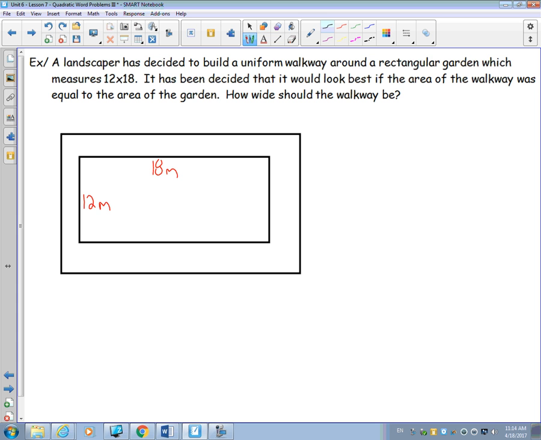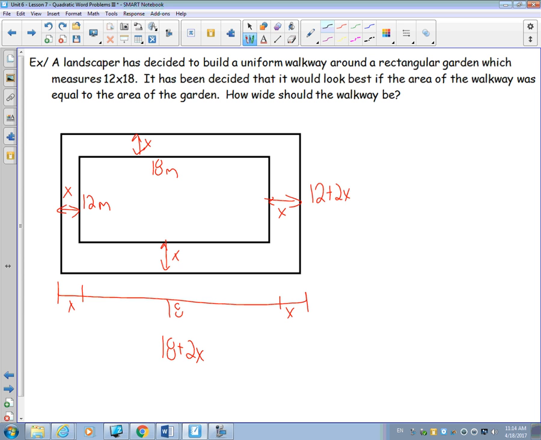The area of the garden walk, okay, we don't know how big it is, but we know it's uniform. So x and x and x and x, which makes the whole thing an x and 18, another x, in other words, 18 plus 2x, and width-wise, 12 plus 2x.